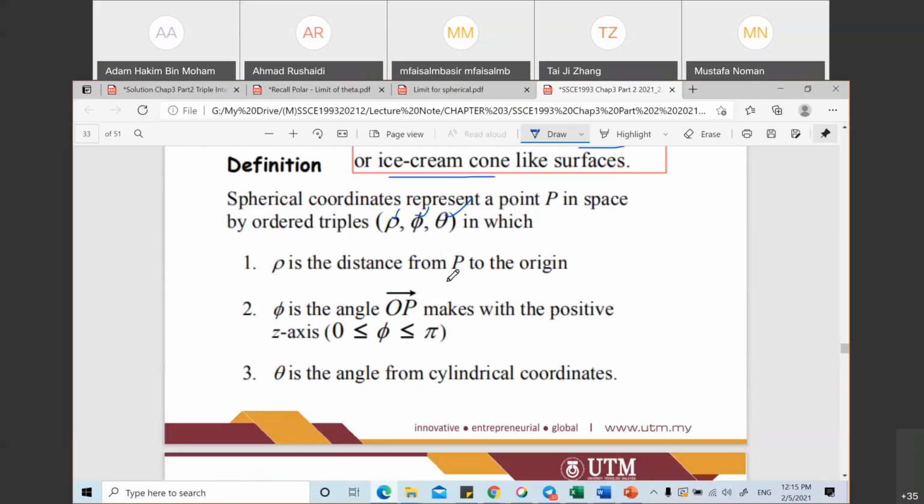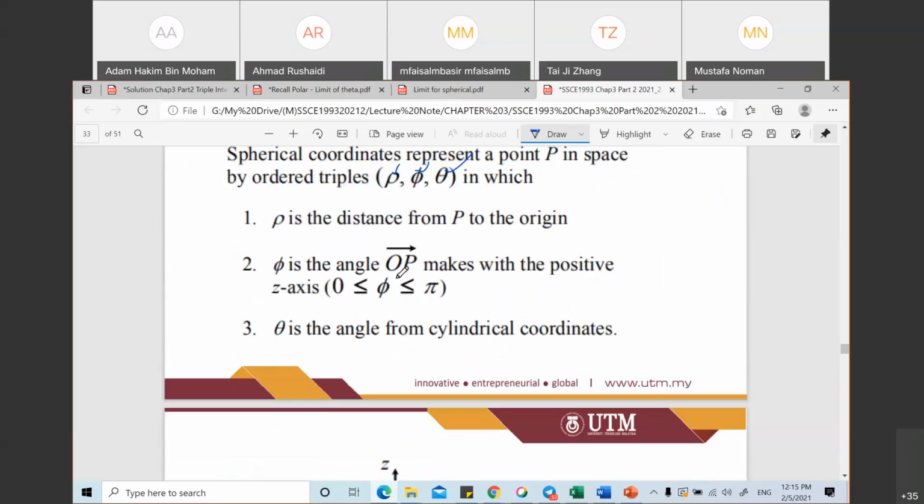So rho is the distance from P to the origin. Phi is the angle from the positive z-axis, 0 to pi. So 0 to pi is the maximum. You cannot go beyond that. Okay, phi should be from 0 to pi, and theta is from the cylindrical coordinate. So this is easy.